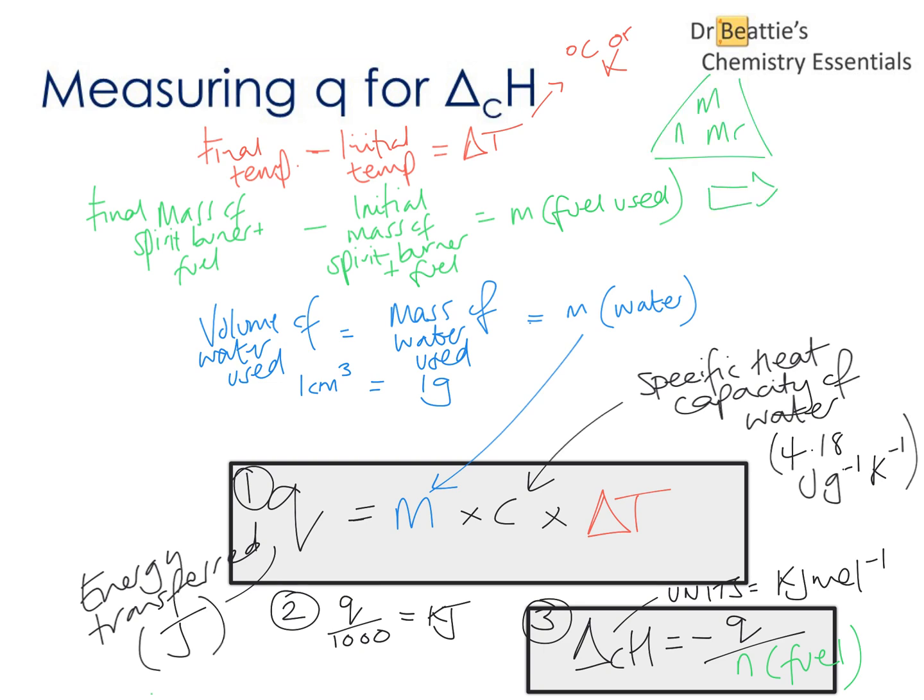And then we can take that data, as long as we can work out the molecular mass for the fuel that we're using, then we can work out the number of moles of that fuel that was used. And with this value, we place it here. Now you should appreciate that every combustion enthalpy is negative or exothermic. And so that we get a negative answer here, we put a minus in front of our equation.